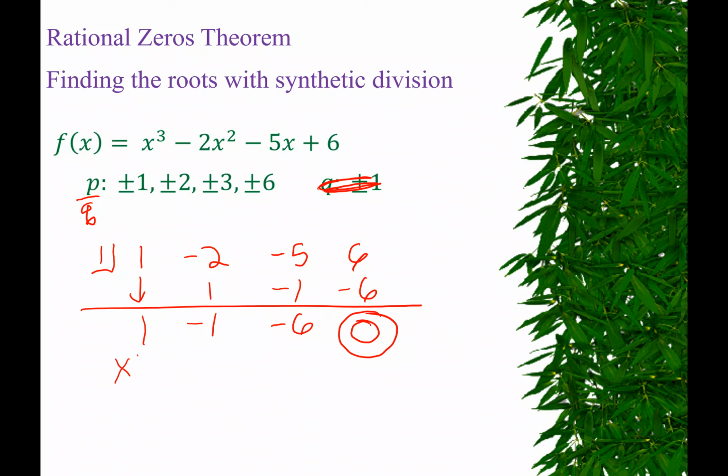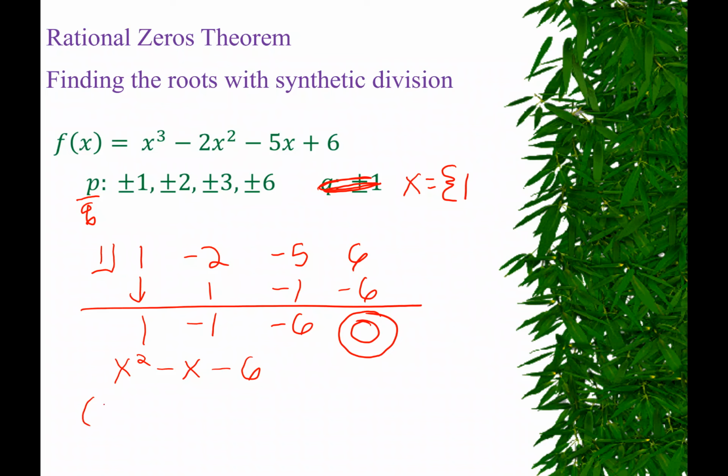So this leaves me then, because that's a 0, it means 1 is a factor. And we have x squared minus x minus 6 is our quadratic we're left with. Now you have to know if you're finding the factors or the roots. So if we're asked for the roots, we're going to give an x equals answer. So far we have 1. You don't want to forget the one that you found in your first step.